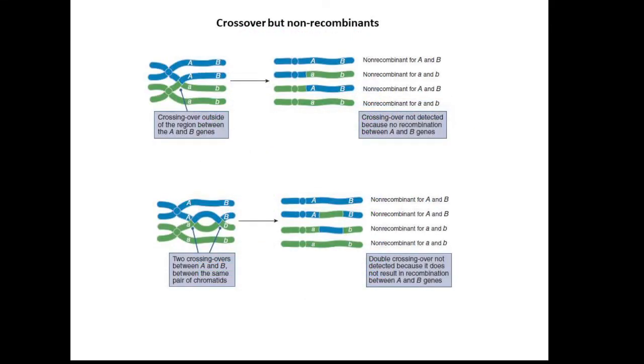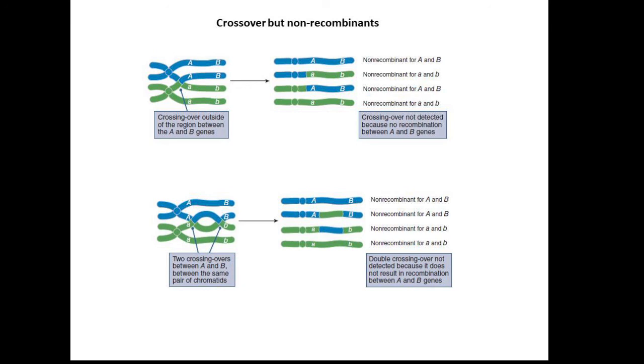Many times there is crossover, but no recombinant is produced. Why? Because the crossing over is happening outside of these two alleles.